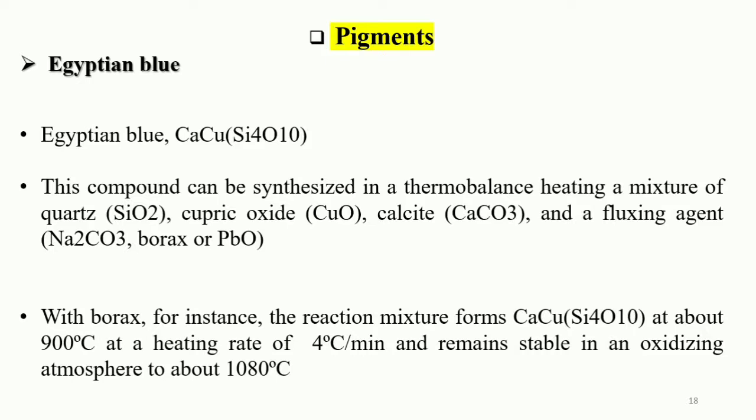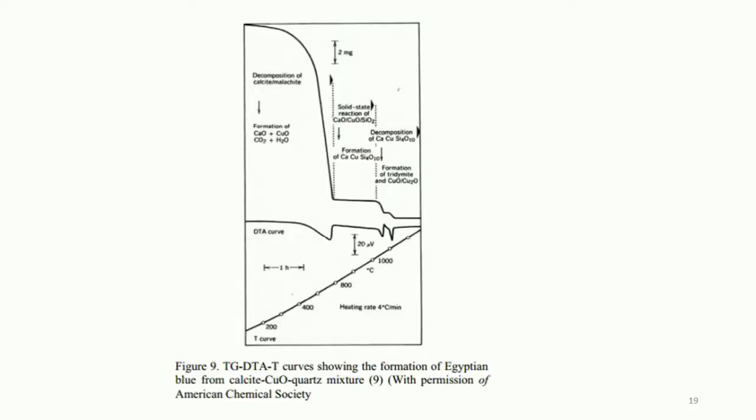Above this temperature, it decomposes to give off tridymite and a mixture of copper oxide and cuprous oxide due to the reduction of Cu2+ to Cu+, as shown in this figure. However, the initial compound does not form again on cooling even though Cu+ is oxidized to Cu2+.